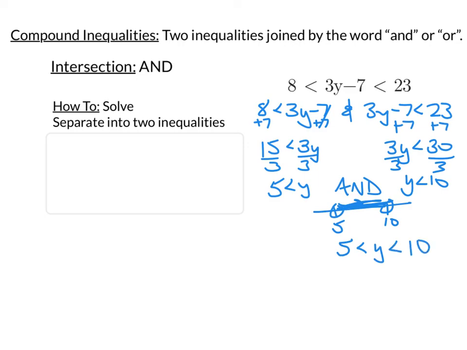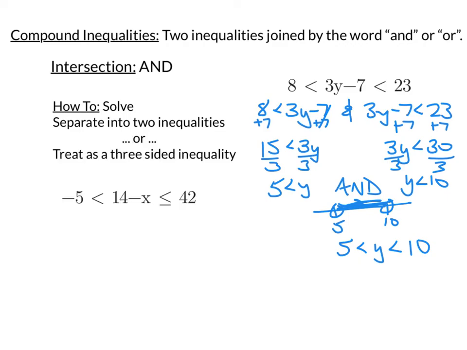Now, the second way we can deal with it is by treating it as a three-sided inequality. Our normal rules: whatever you do to one side, you do to the other side of an equation or an inequality. We're going to do the same thing here, but it's not just one side and the other, it's all three sides. So when I look at what's in the middle, 14 minus x, I would want to get rid of that 14.